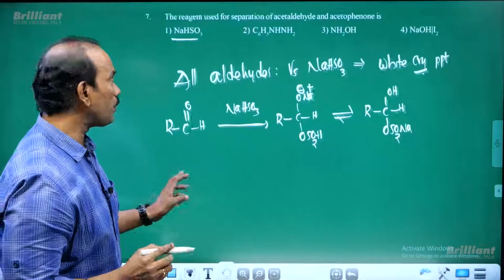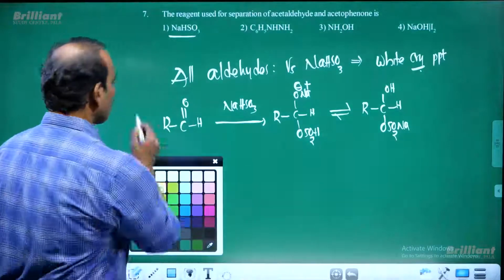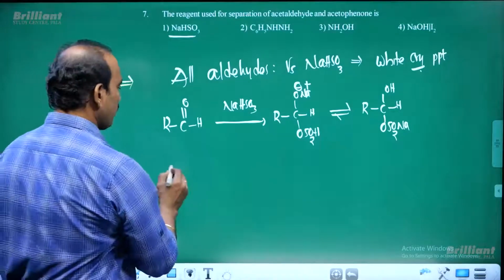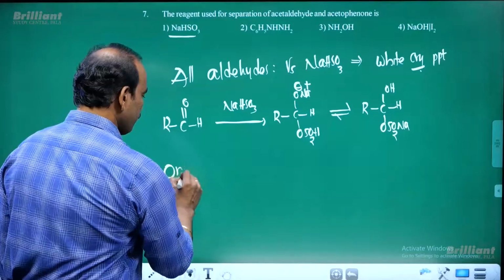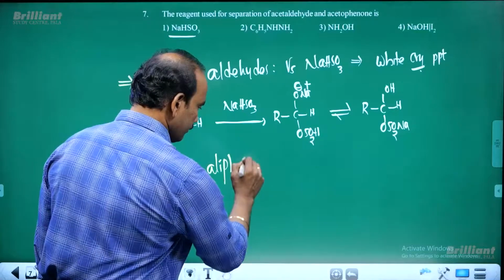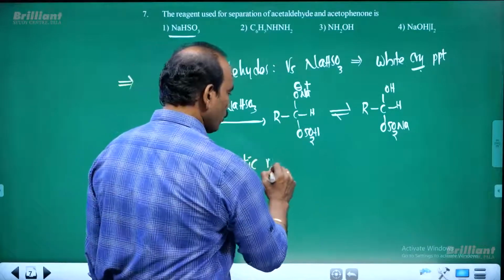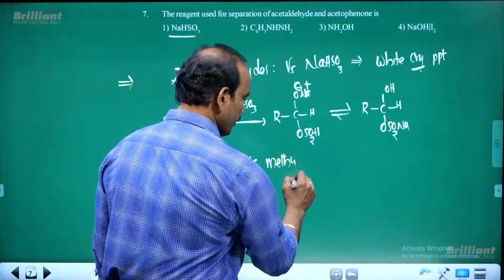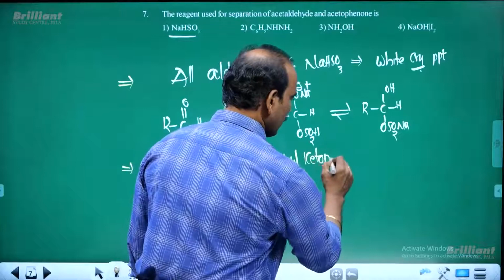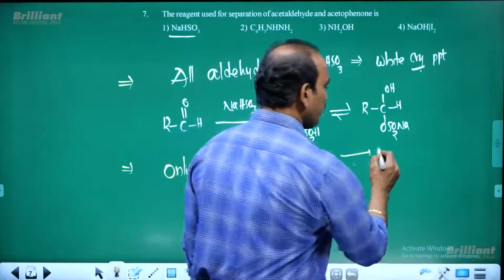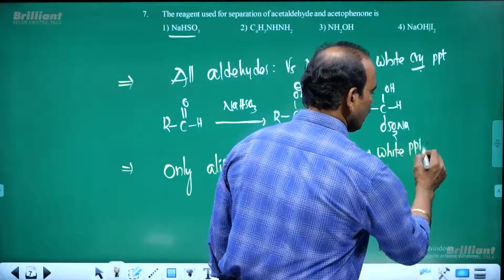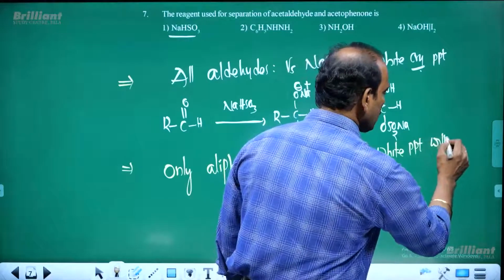But coming to the ketones, this is all aldehydes, but here the limitation is there. Only aliphatic methyl ketones can form a white precipitate with sodium bisulfite.